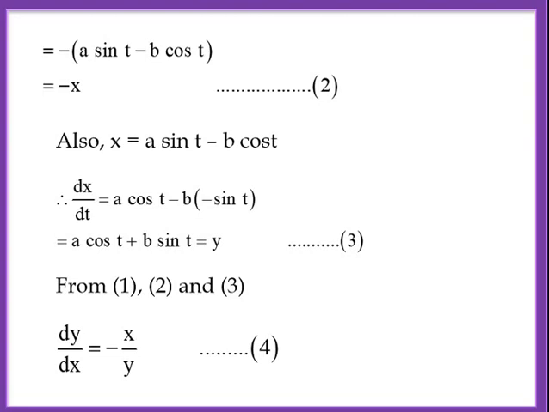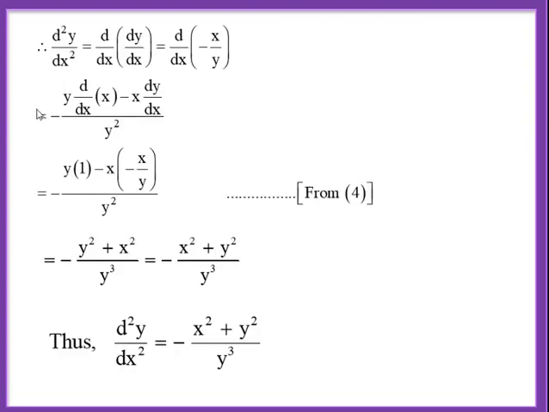So again differentiate using quotient rule. So minus sign is here. Y ddx of x minus x ddx of y. But what is dy dx? It is found to be minus x upon y. Substitute, simplify to get this as the final answer.